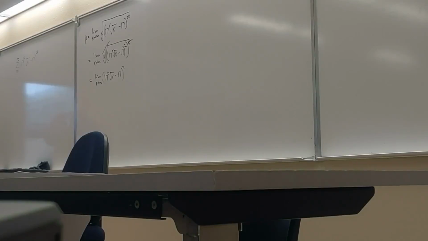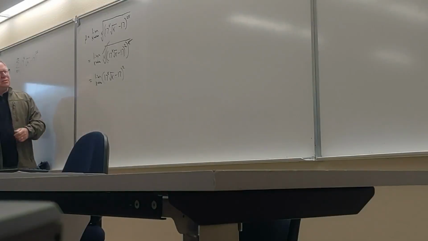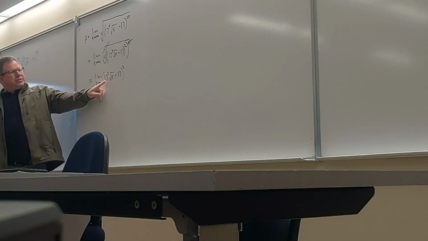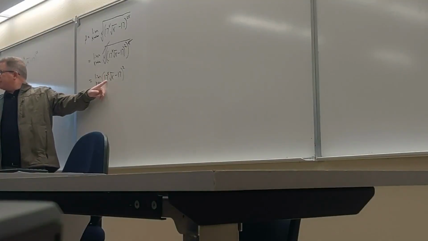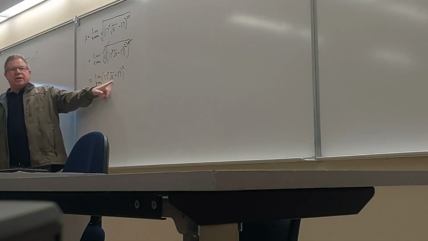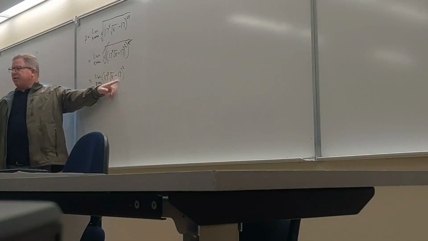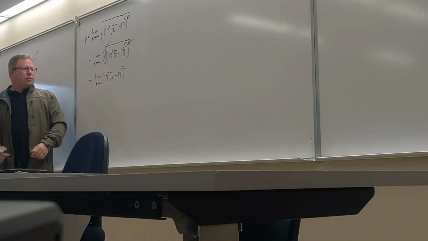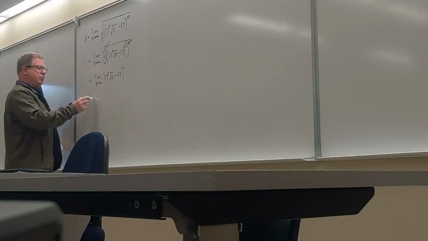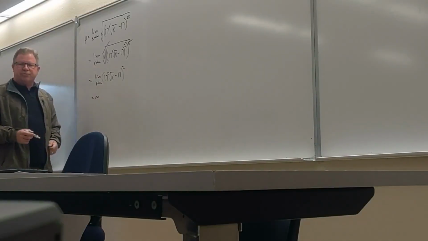I believe this is going to go to infinity. This is 17 to the k as k goes to infinity, that's going to infinity, right? Square root k, that's going to infinity. Subtracting a constant when you're talking about infinity doesn't do anything. And then we're squaring it. So I believe we're going to go to infinity.